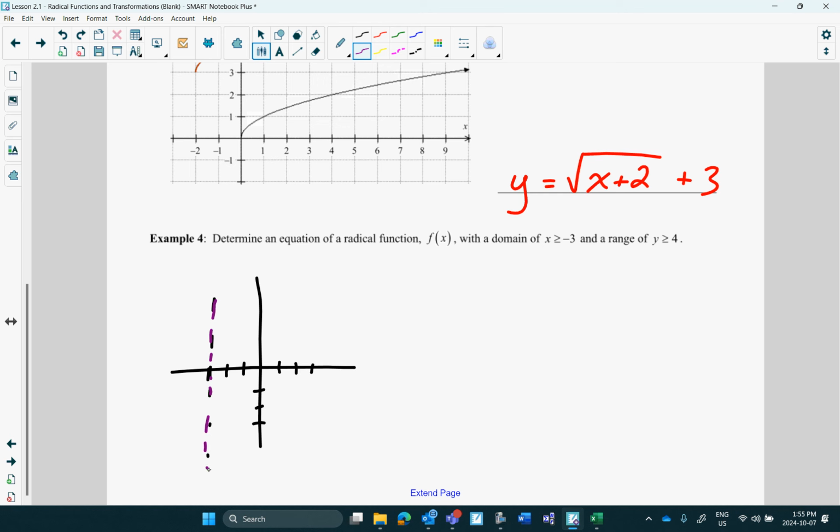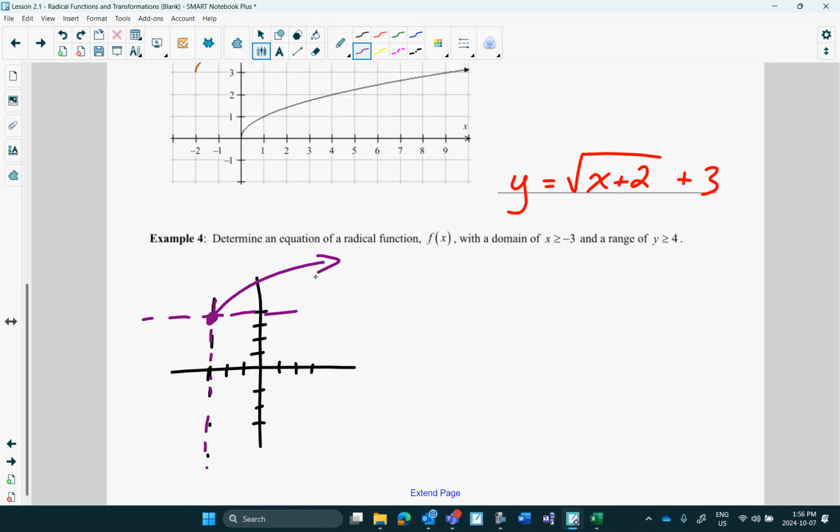But the range also has to be greater than or equal to 4. So doesn't that mean that the lowest y value has to be 4? So the lowest x value is -3. The lowest y value is 4. It must start here. And since we're not told there's any flips or stretches, it just goes like this.